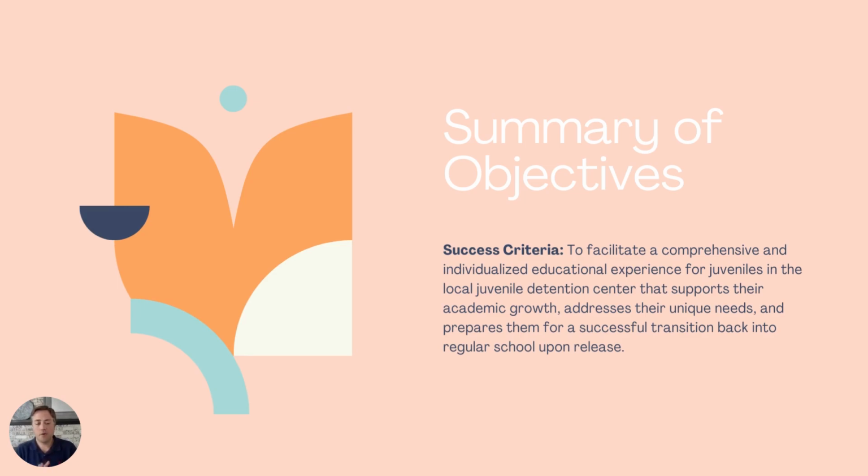So today, what we looked at was how to facilitate a comprehensive, individualized educational experience for juveniles in the local juvenile detention center that supports their academic growth, addresses their unique needs, and prepares them for a successful transition back into regular school upon release.